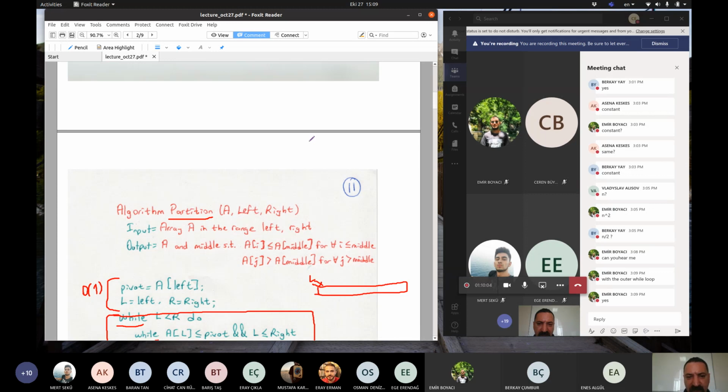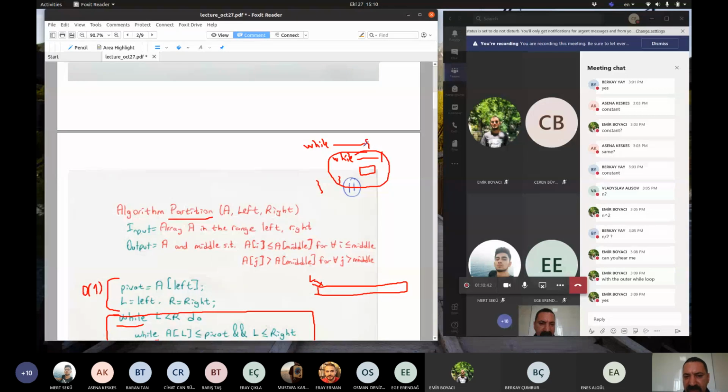Whenever you see a while statement, or it could be a for loop as well, and then inside we have another while loop, and inside we have some statements in here, it is tempting to check the running time of the inner loop, check how many times we repeat the outer while loop, and then multiply them to come up with the running time.